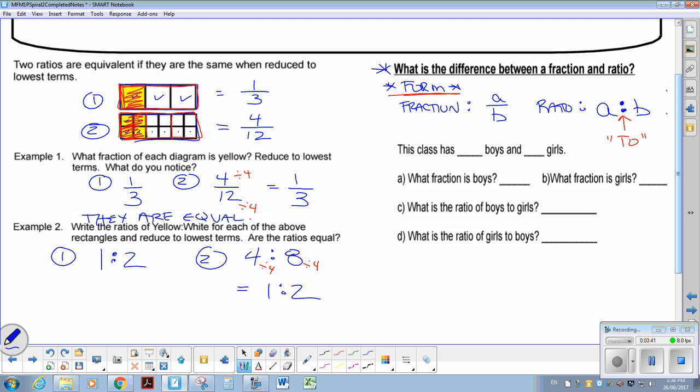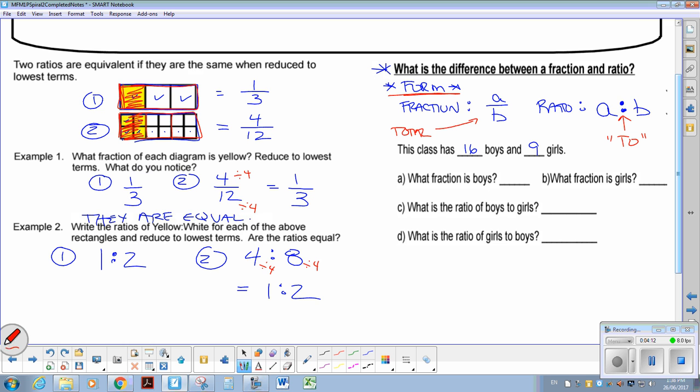So if we go over on the other side, and this is imaginary, because if I was teaching you in class, we'd fill this in. So this particular class has, and I'm going to make it up, let's say we have 16 boys and let's go with 9 girls. What fraction is boys? What's our total? So a fraction always has a total.